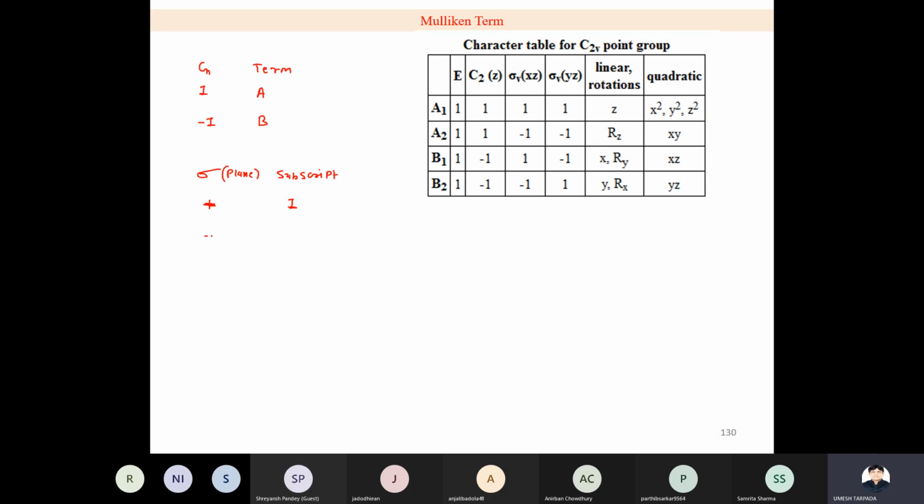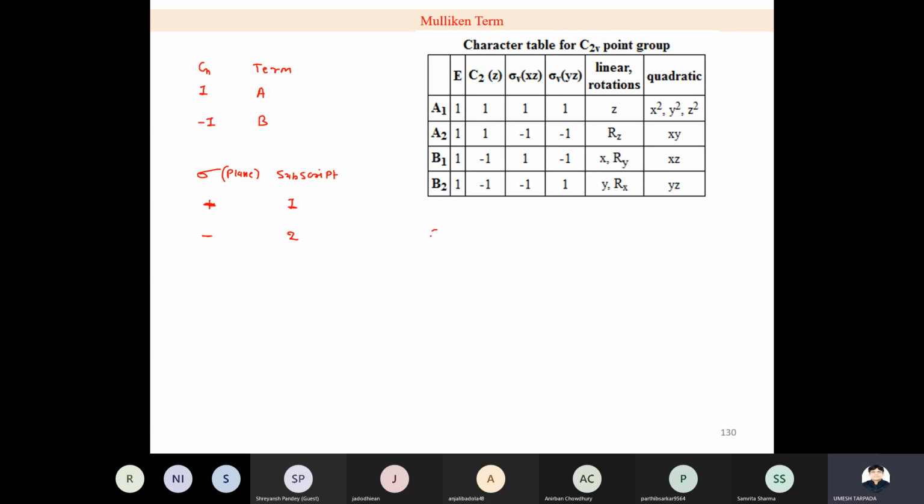And if the sigma value is minus, then we use subscript 2. See, plus sign indicates it is symmetric with respect to sigma plane, and minus sign indicates it is asymmetric with respect to sigma plane.